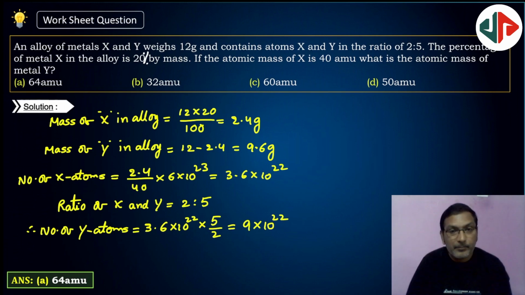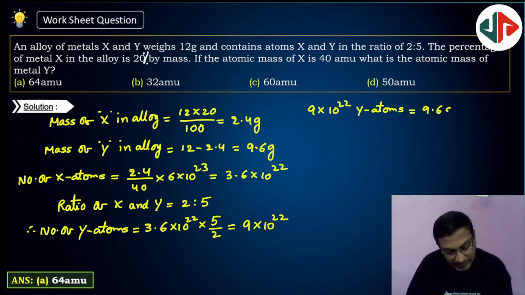Next, 9 into 10 power 22 Y atoms present in 9.6 grams. Therefore, 6 into 10 power 23 Y atoms present in, say, this is X grams.